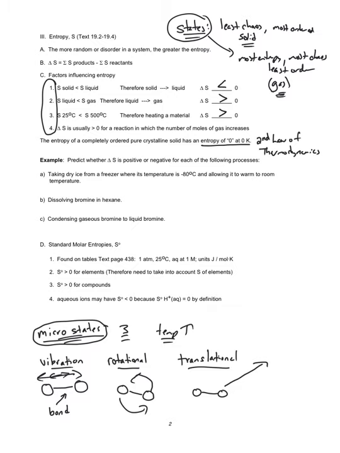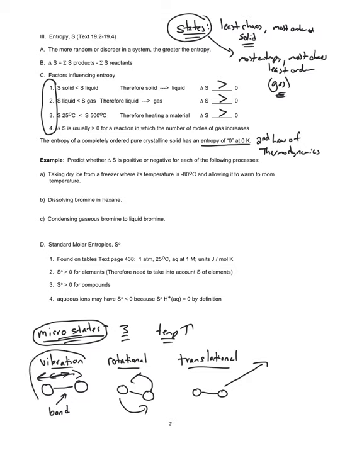All right, so if we're going from the solid state to the liquid state, I am increasing the amount of entropy because there's less order in the liquid state because the particles have more freedom to move.